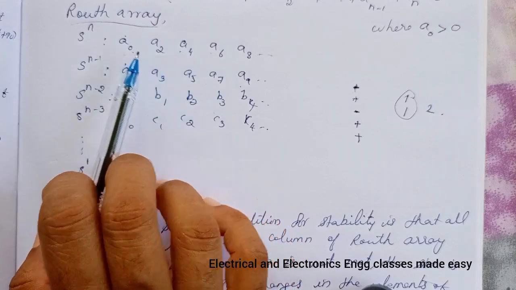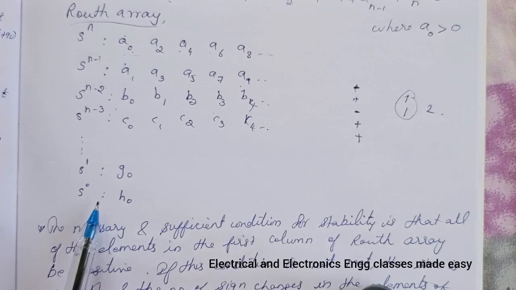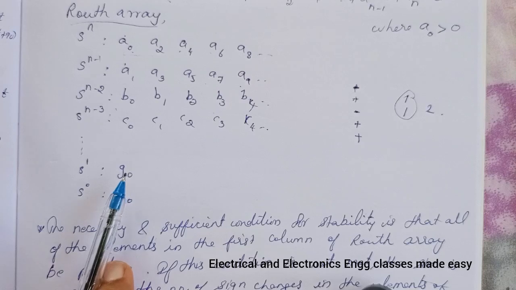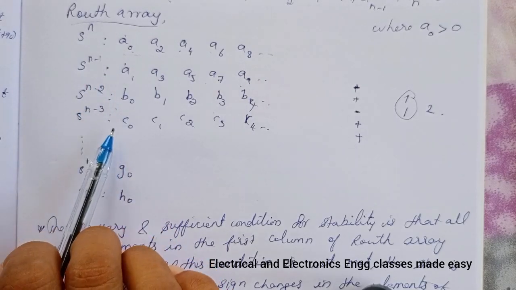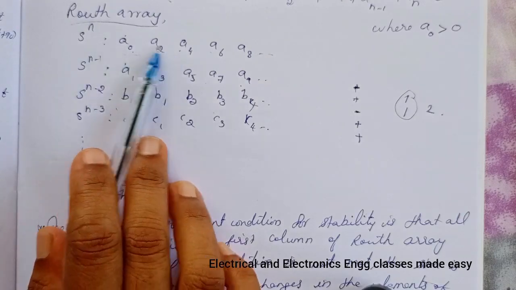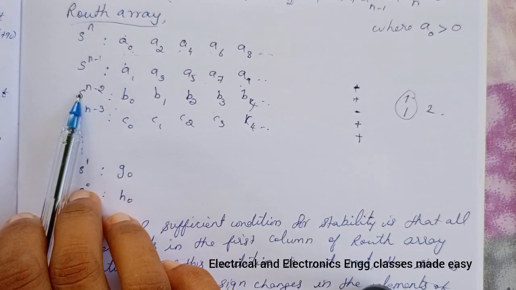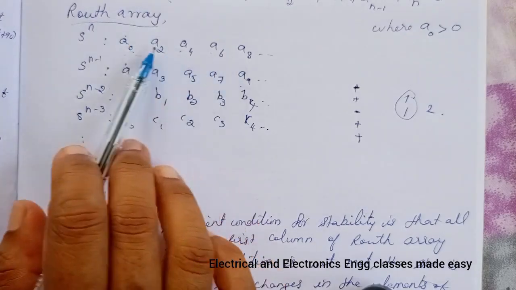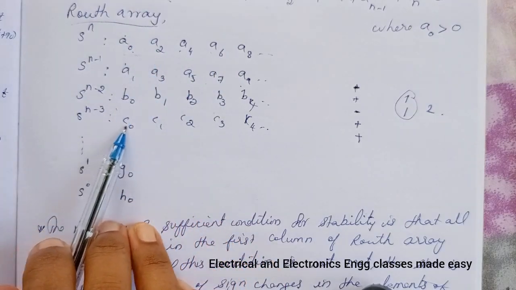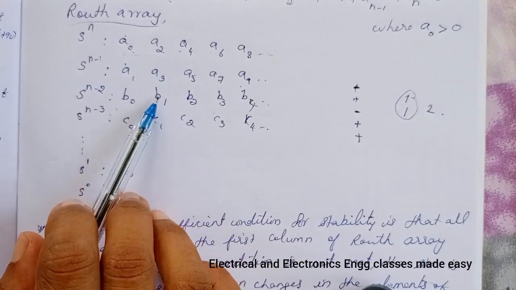The other rows of the Routh array up to s raised to 0 can be formed by the following procedure. Each row of the Routh array is constructed using the elements of the previous 2 rows.